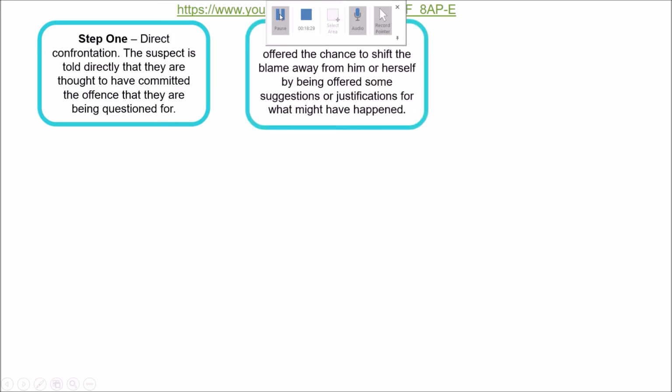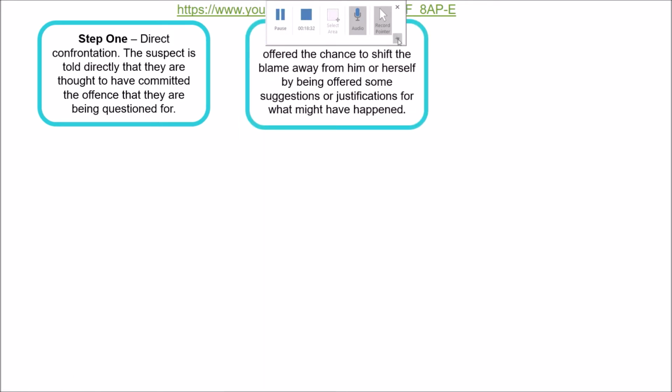And this may be supplemented by things like incriminating evidence, and that may be real evidence, or it may be contrived, or what you might call consequential evidence. But we're essentially establishing we think you're guilty in this first one.